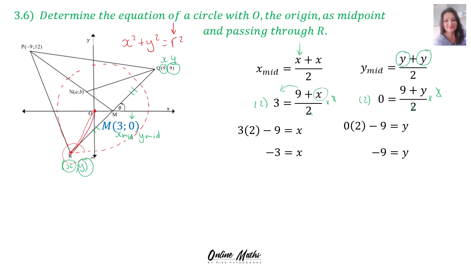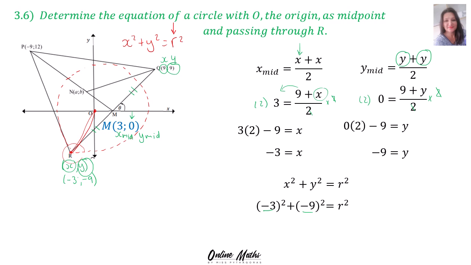So now that we know r's coordinate is -3, -9, into our little equation, x squared plus y squared is r squared. In x's place we substitute -3, in y's place we substitute -9. Look, we're substituting r's coordinate since r is a point on our circle.